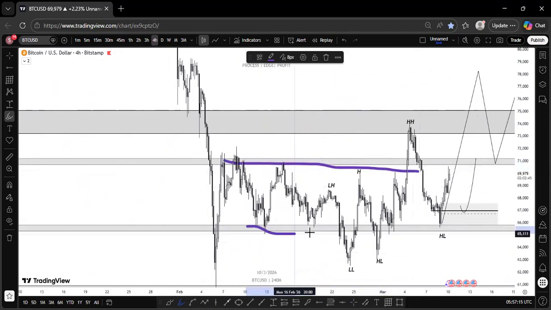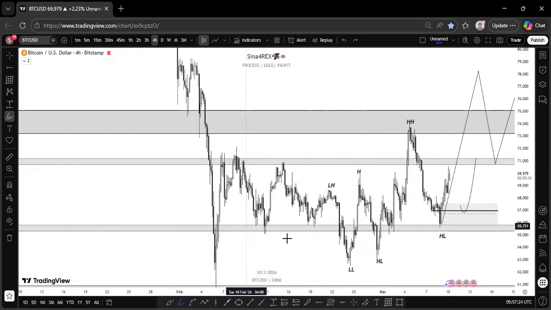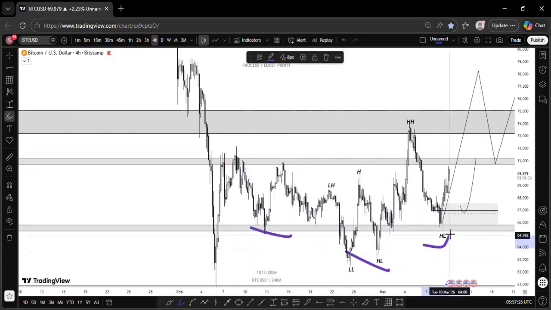So currently, the lower high we are having here was printed or is being respected through the main ranging zone. And that is giving us something like a head and shoulder pattern, which is pushing price to the upside.